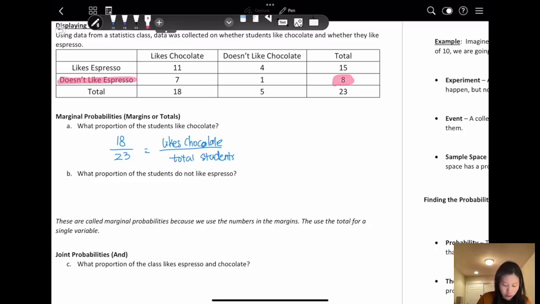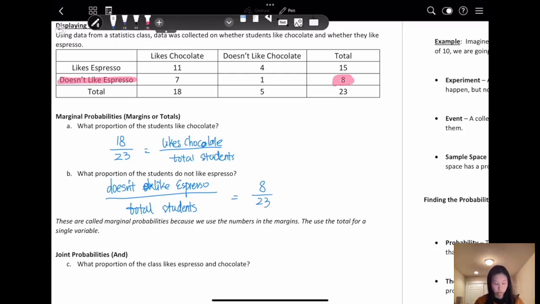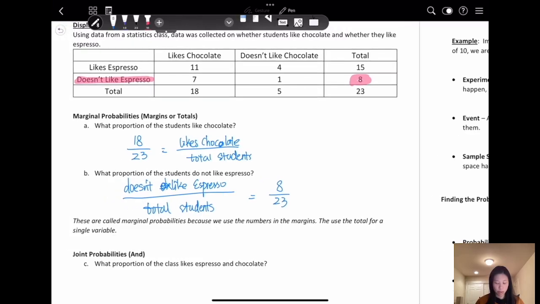So that means we have students who don't like espresso over the total number of students, which is equal to 8 over 23. These are called marginal probabilities because we use the numbers in the margin, the total number for a single variable.